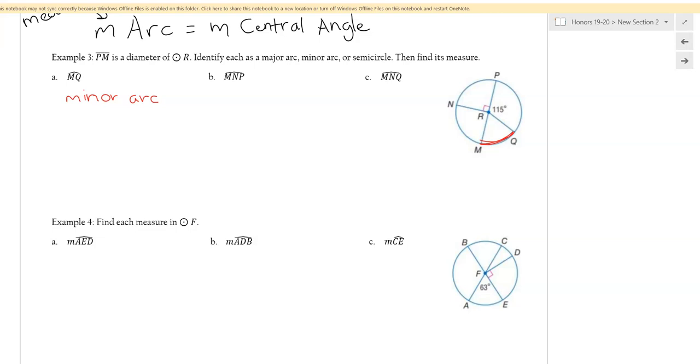And the measure of MQ is going to be the same as this. And if I cut this in half, that's exactly 180 degrees. So this is 115. This is x. Sorry for the bells. Those add up to 180. So x plus 115 is going to equal 180. So x equals 65 degrees.